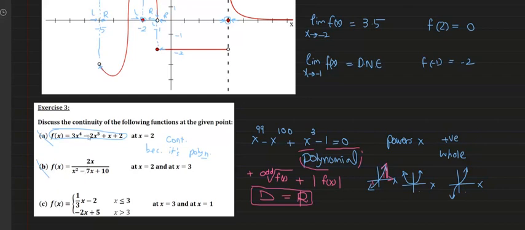Okay, what about number B here? Let's discuss the domain, because to discuss the continuity we need to know the behavior of the function at different values of x. So here what would happen for the domain? You remember, of course, that there is no root, for example, in the numerator, so the domain is only numbers. There is no root in the denominator, so the domain is only numbers, but there is a fraction, and the fraction cannot accept 0. So we try to factorize this polynomial into, for example, x minus 5 and x minus 2.